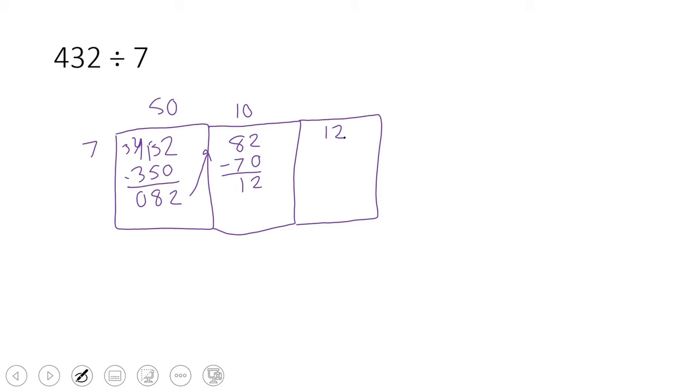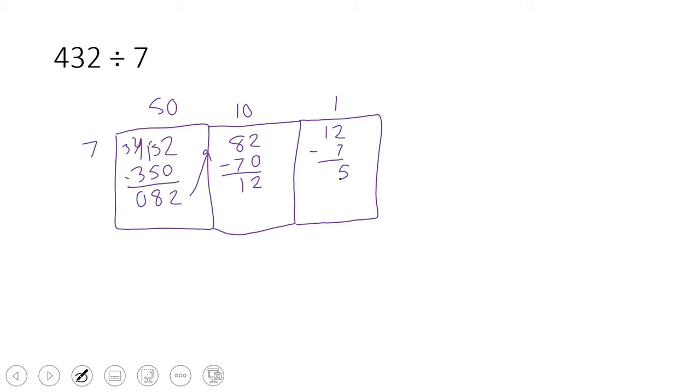12, 7. How many times can 7 go into 12? I'm just going to say 1 for now, because I know 7 times 2 is 14, and 14 is greater than 12, and I want to say less than or equal to 12. So 7 times 1 is 7. So 12 minus 7 is 5.